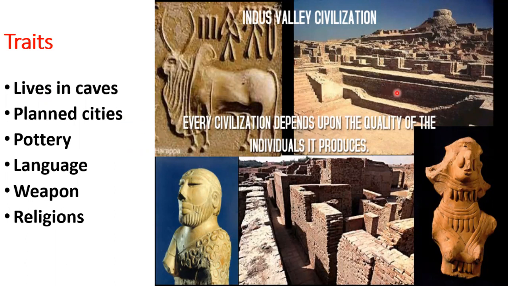Just look at these pictures, the oldest picture of the Indus Valley civilization. These people had the concept of streets, walls, bricks. Okay, they had a proper structure. They had managed the water system and much more.